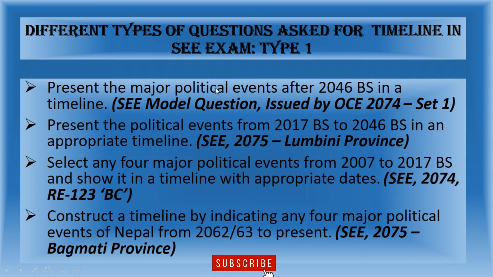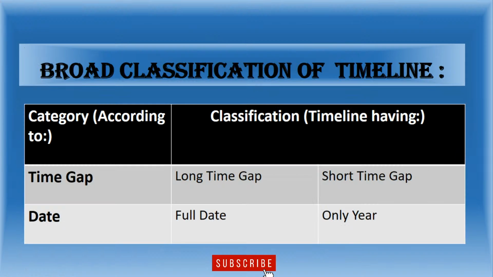So in this way, according to date, we can prepare a timeline by using full date and by using the year only. So this has great importance, we will talk about it later.